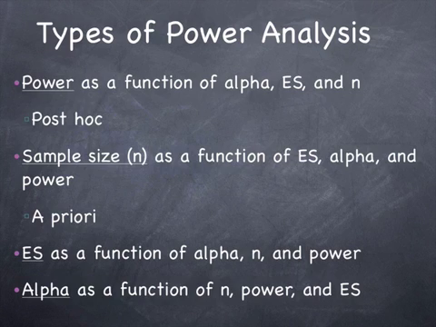The reason being is, if your test was significant, you're going to have power that is adequate. If your test was non-significant, regardless of how large your sample, you could have a sample size of 17,000, and you did a post hoc power test, it's going to be below 0.8.